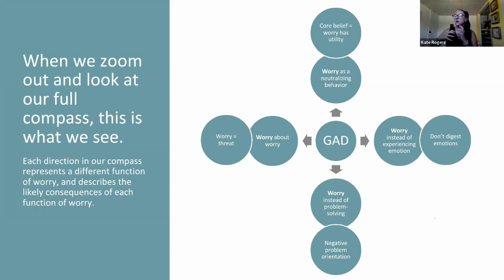And to the north, we've got worry as a neutralizing behavior, which continues to reinforce that core belief that worry has utility. If I don't worry, something bad will happen. And then to the west, worry about worry. I lose control, get sucked into the worry vortex. My go-to coping strategy is to worry. And so as a result, I start to avoid anything that might trigger worry, because now worry itself is seen as a threat, sounding the alarm. Still with me?